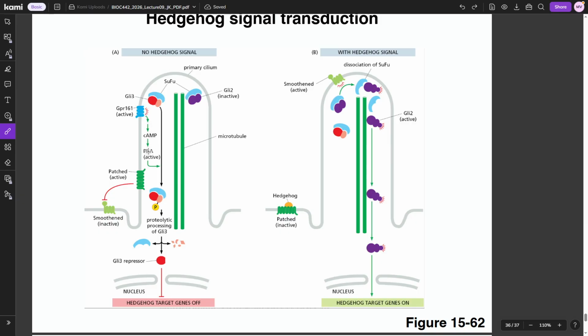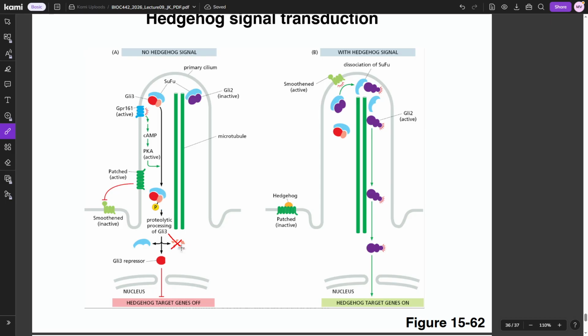So it does a signal cascade that activates protein kinase A, and floating around in the cell is this SUFU GLI3 complex. GLI3 has two subunits. It's got this light pink one and this red one. And so what ends up happening is PKA phosphorylates the light pink subunit of this GLI3, and that phosphorylation leads to proteolysis of that pink portion.